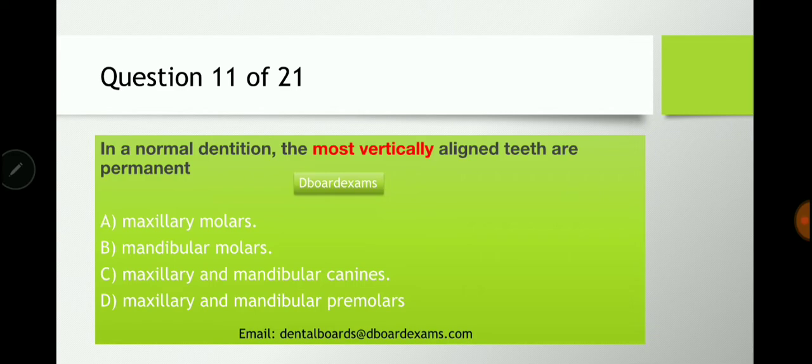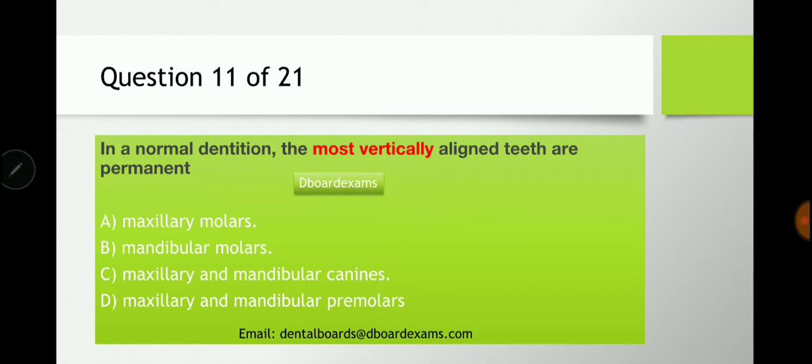Is it permanent maxillary molars? Is it mandibular molars? Is it maxillary and mandibular canines? Or is it maxillary and mandibular premolars?